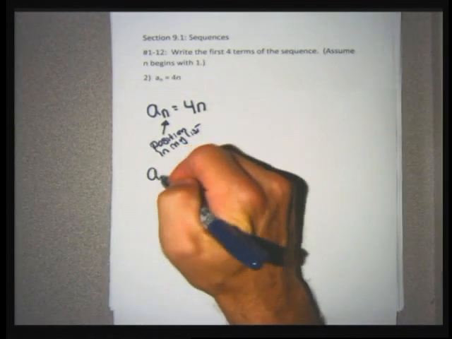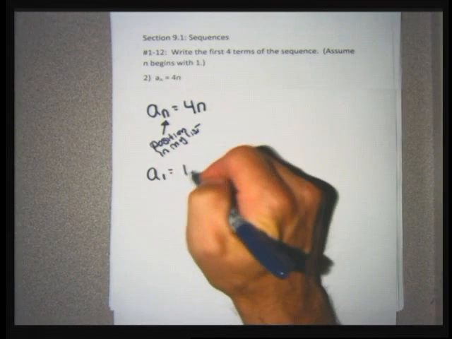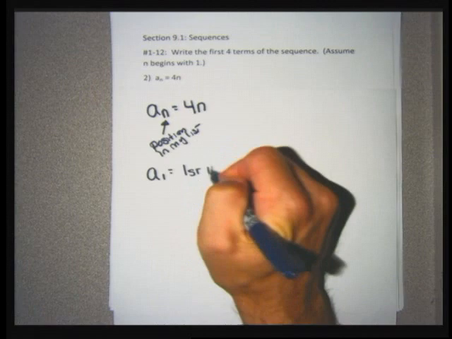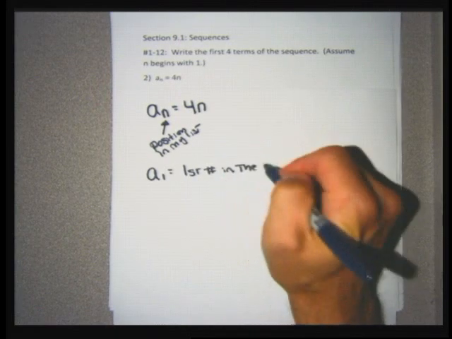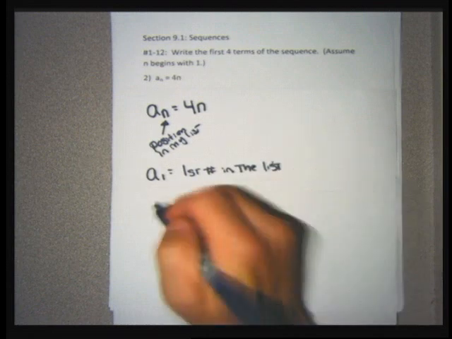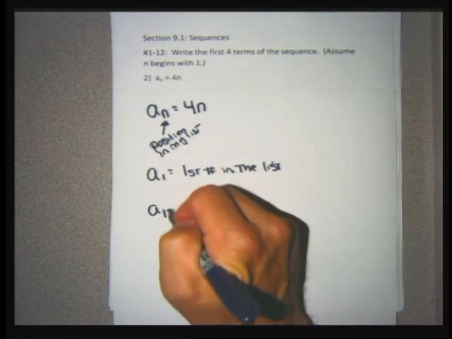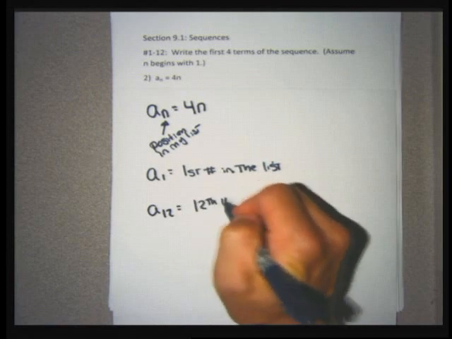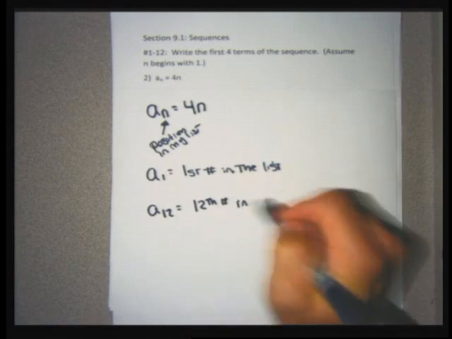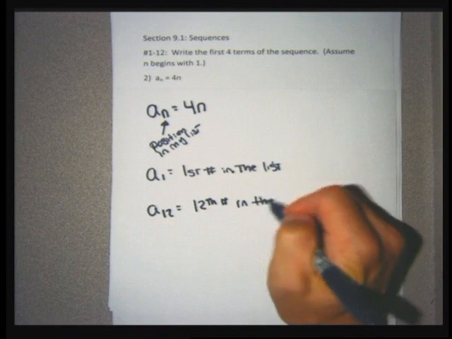So that a sub 1 would be the first number in my list. A sub 12 would be the 12th number in the list of numbers that make up the sequence.